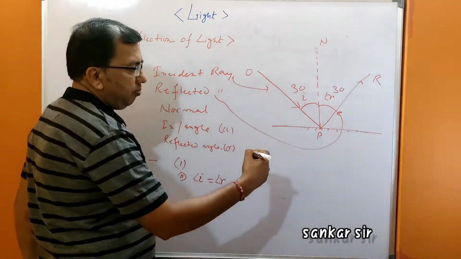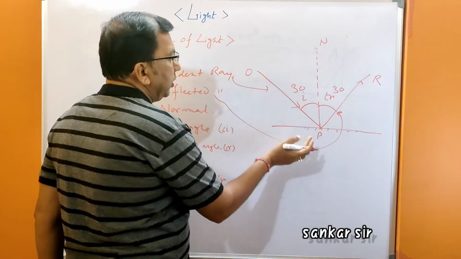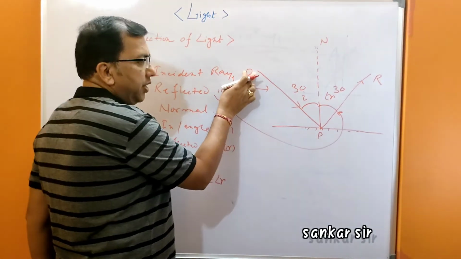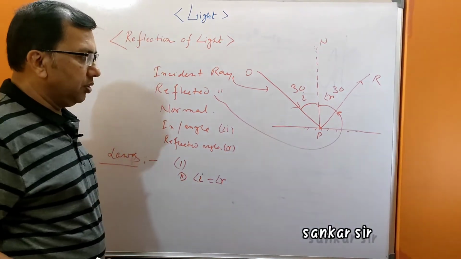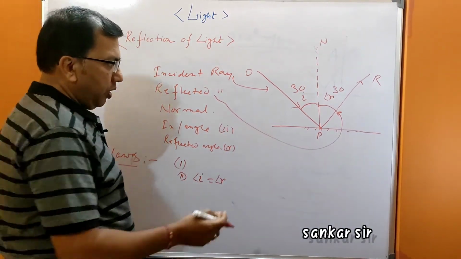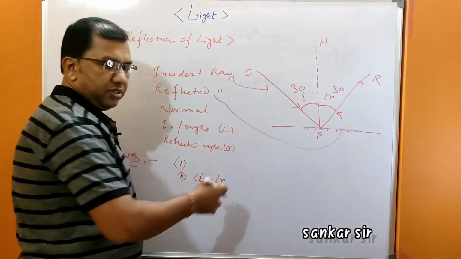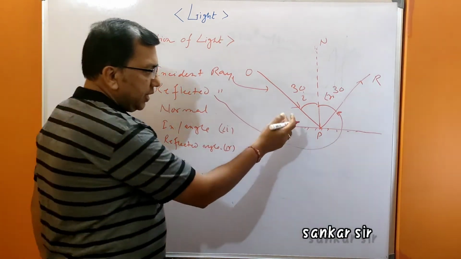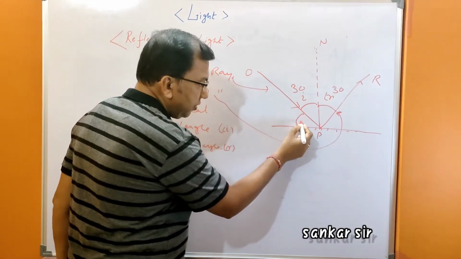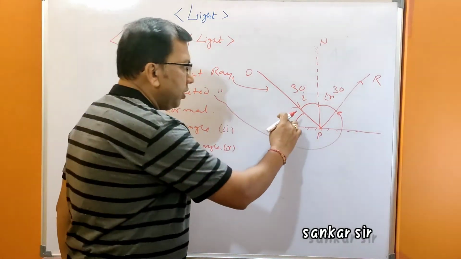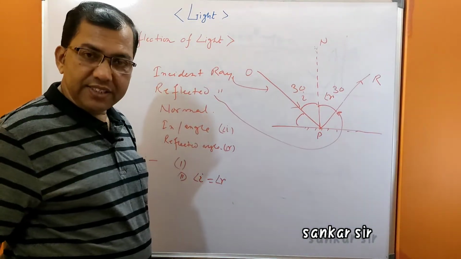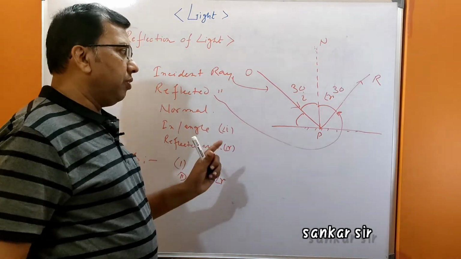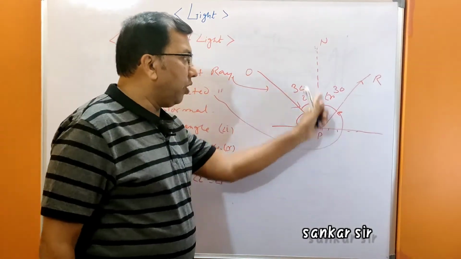If a question comes where the ray of light is incident at 60 degrees along the surface, then this angle is 60 and the angle with the normal is 90 in total. What is the incident angle? It is the angle between the incident ray and the normal.